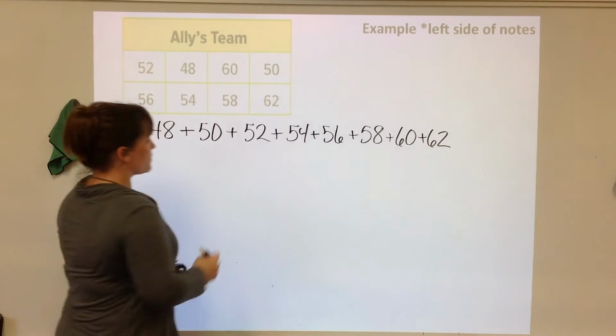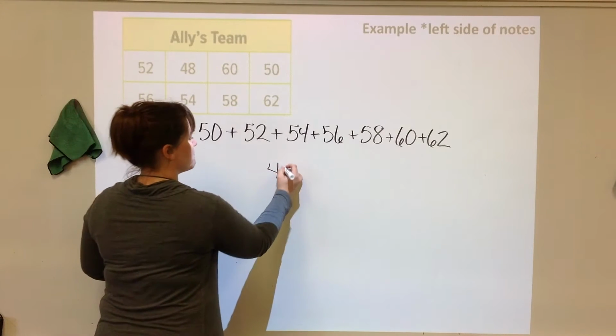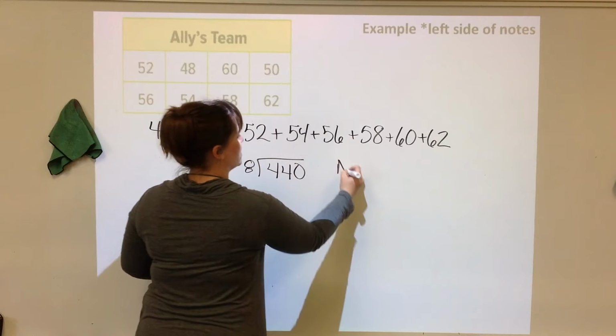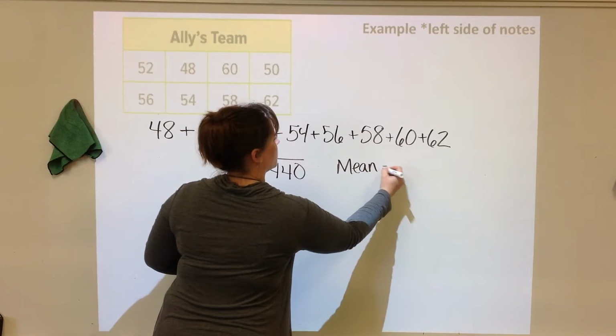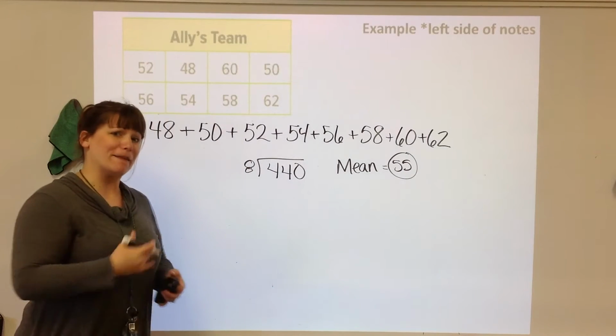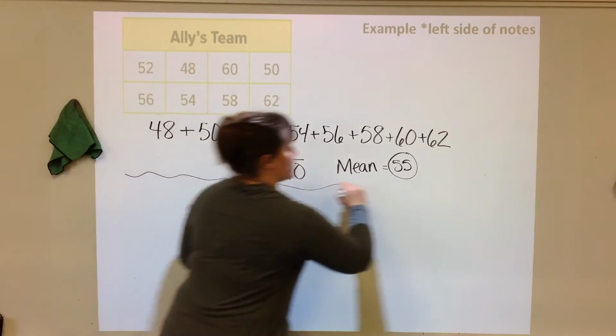There are 8 numbers. When we add all that up, it will equal 440. And when we divide by 8, we will get a mean of 55. That's step 1. Just find the mean. We did that before. So I'm going to draw a little squiggly line.